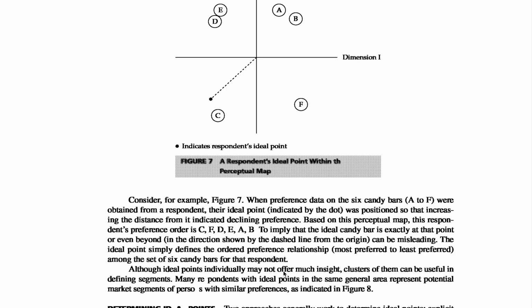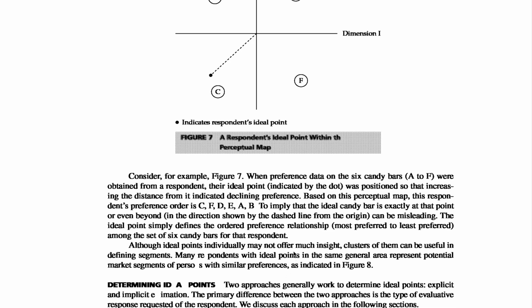The direction shown by this line from the origin can be misleading. The ideal point simply defines the order of preference relationship, from most preferred to least preferred, among the 6 candy bars for that respondent.